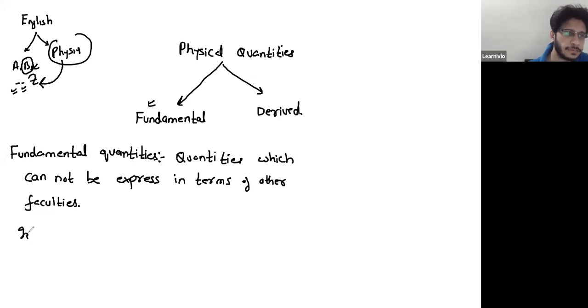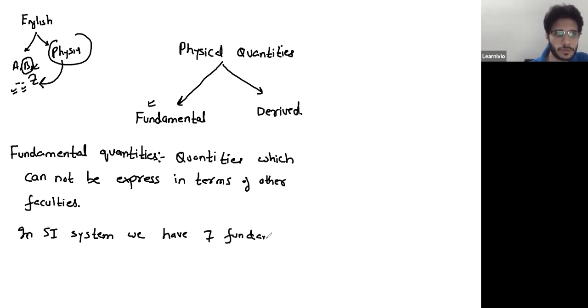In SI system, we have 7 fundamental physical quantities. In terms of other physical quantities.